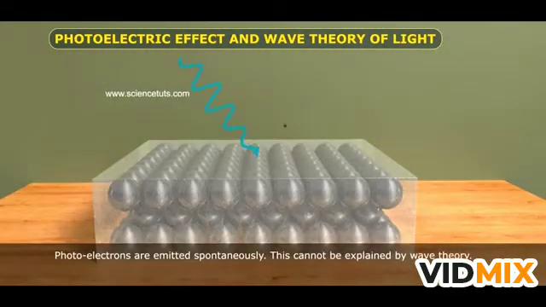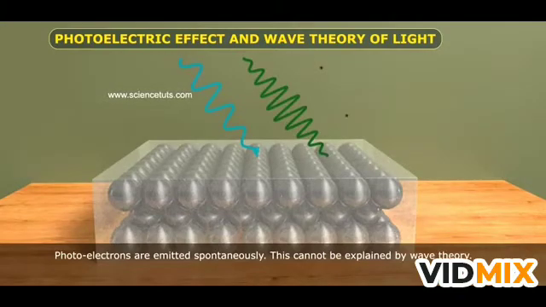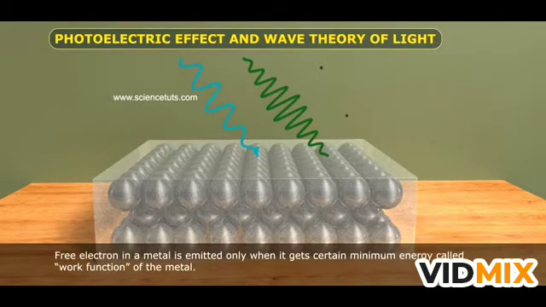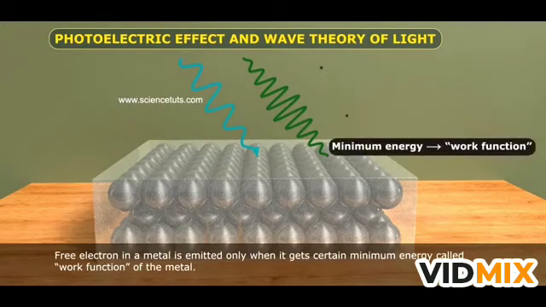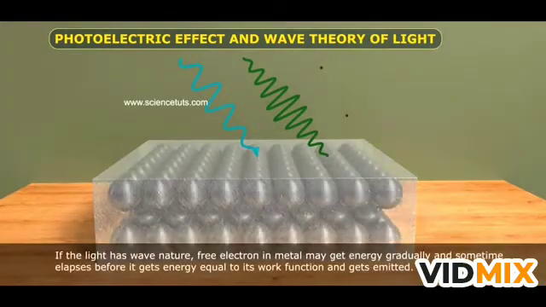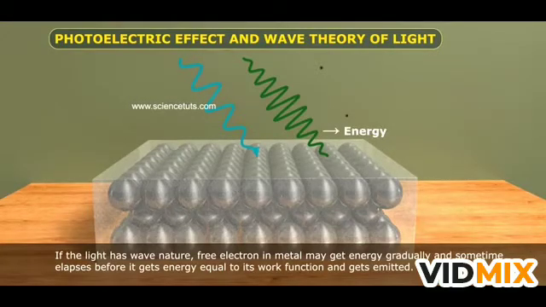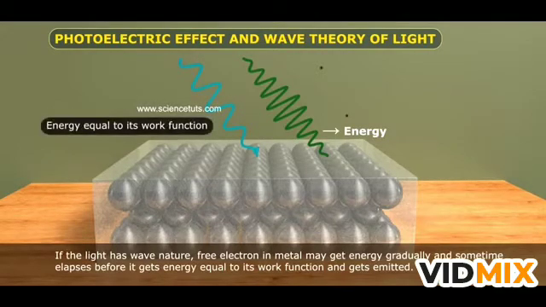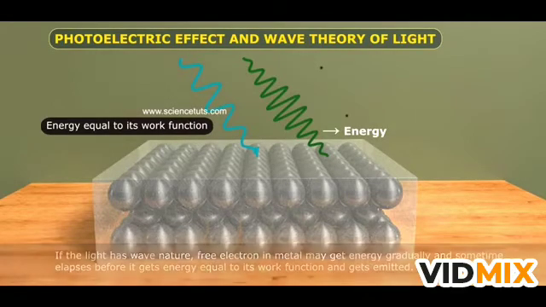Photoelectrons are emitted spontaneously. This cannot be explained by wave theory. A free electron in a metal is emitted only when it gets a certain minimum energy called the work function of the metal. If light has wave nature, a free electron in the metal may get energy gradually, and some time elapses before it gets energy equal to its work function and gets emitted.